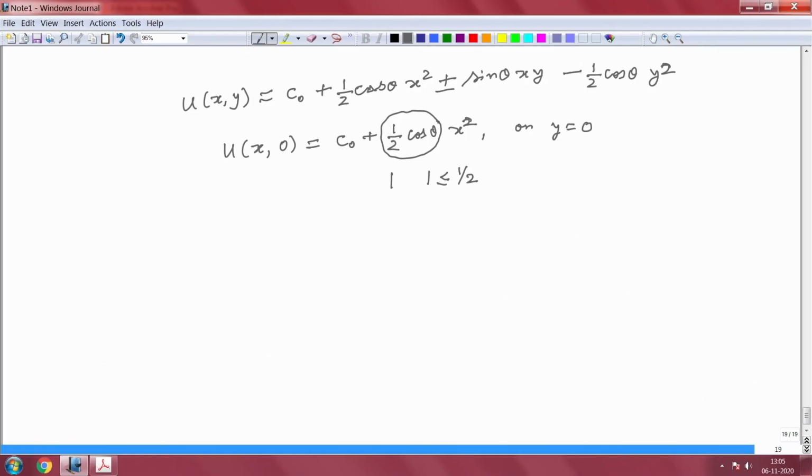So, my question now is, can we take u x 0 to be some constant, say any constant, the constant is not bothered, minus x square or c 0 plus x square?